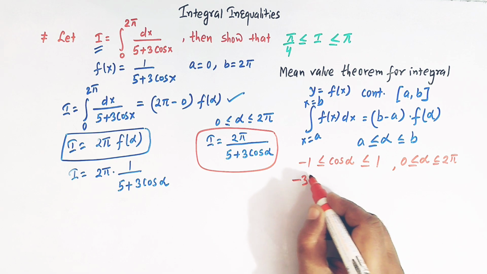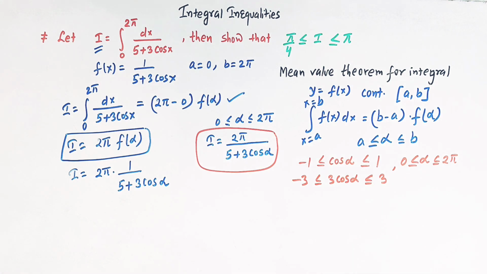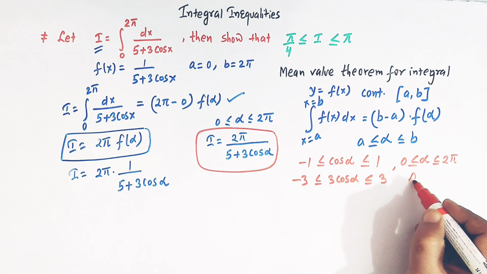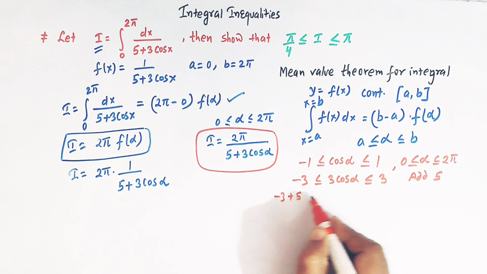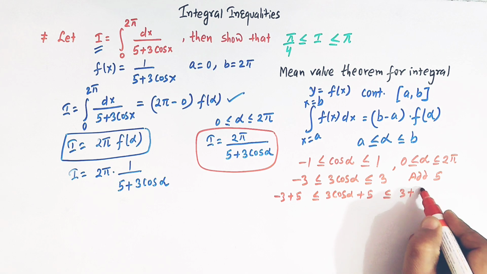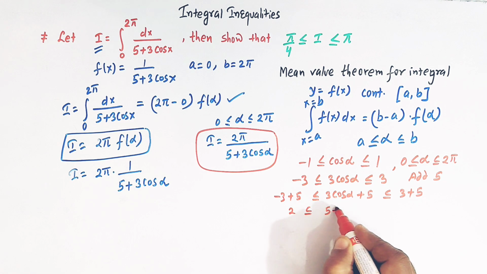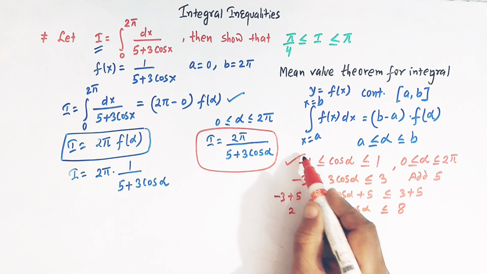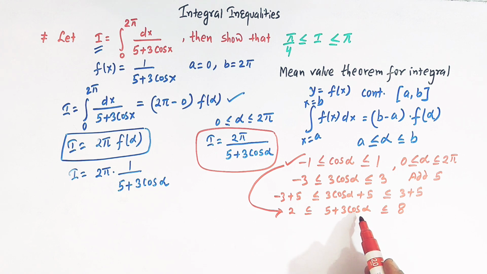We have minus 3, 3 cos alpha, and 3. Now we have a term 5, so we'll add 5 throughout this inequality. We have minus 3 plus 5, 3 cos alpha plus 5, and 3 plus 5. So 5 minus 3 is 2, and 5 plus 3 is 8. Using this fundamental inequality from trigonometry, we have arrived at this inequality.